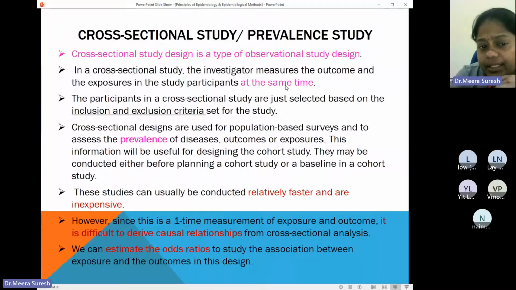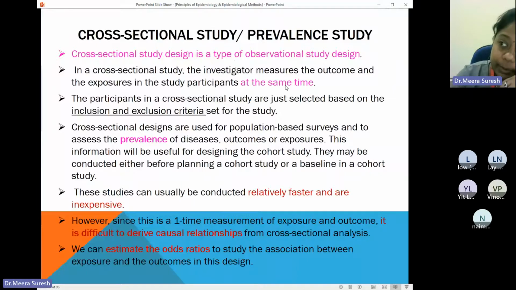And here the people are selected based on inclusion and exclusion criteria. You will be setting up some criteria: which age group should be included, which sex should be included, whether their educational status or marital status has to be considered. It depends upon what you're studying. Then you have a set inclusion criteria, and then exclusion criteria: this type of people shouldn't be included in my study.